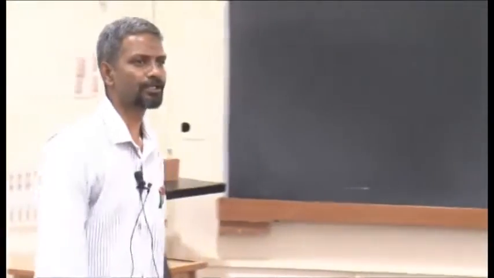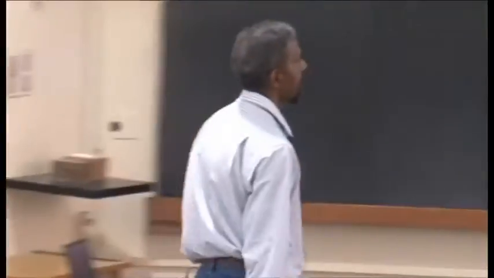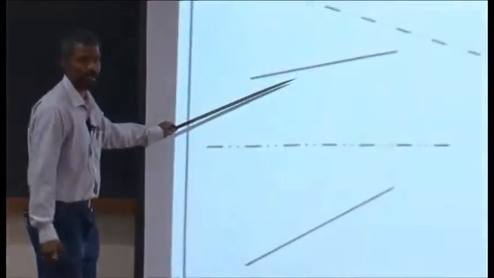I'll draw some arbitrary hinge line somewhere here. Stay with me here. Eyes on the screen, please. Ideally, I should be drawing this hinge line parallel to the projection, but I'm trying to make a point.